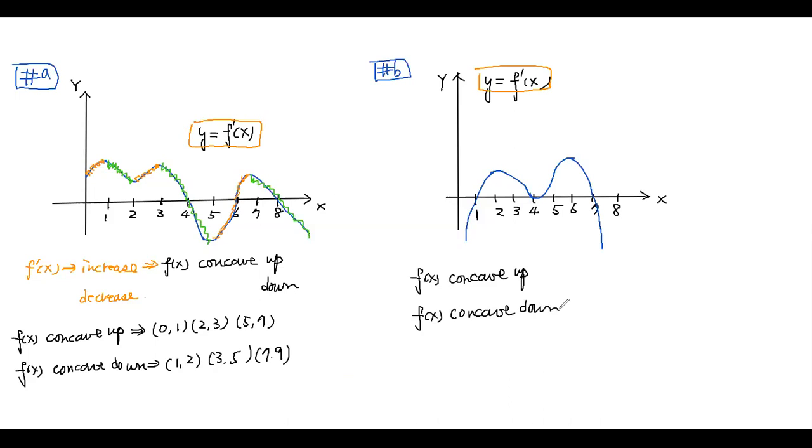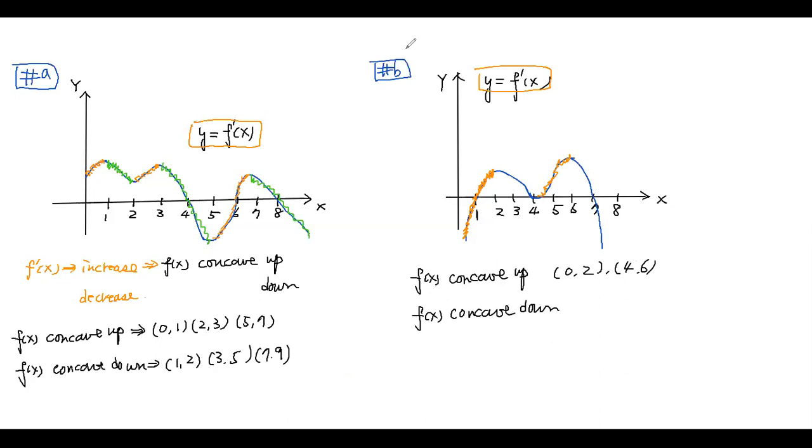Concave up means f prime x has to be increasing, right? So increasing here, using this color, and the other one is increasing here too, right? So the concave up will be 0 to 2, and 4 to 6, right?